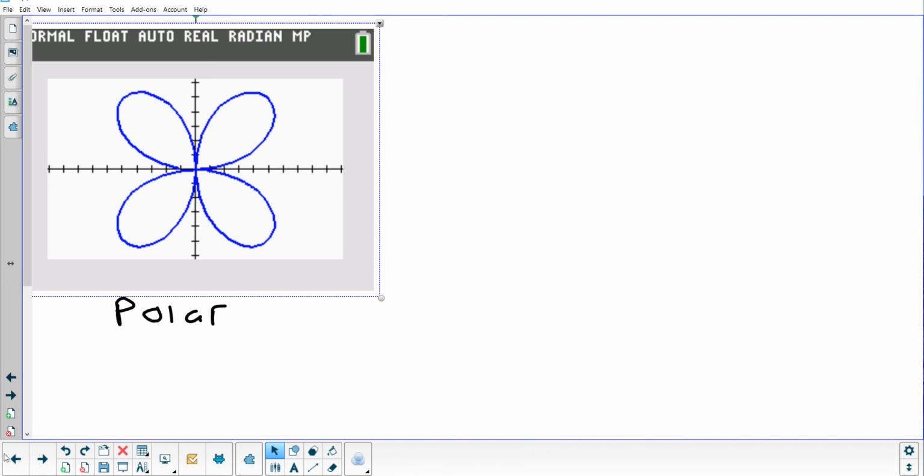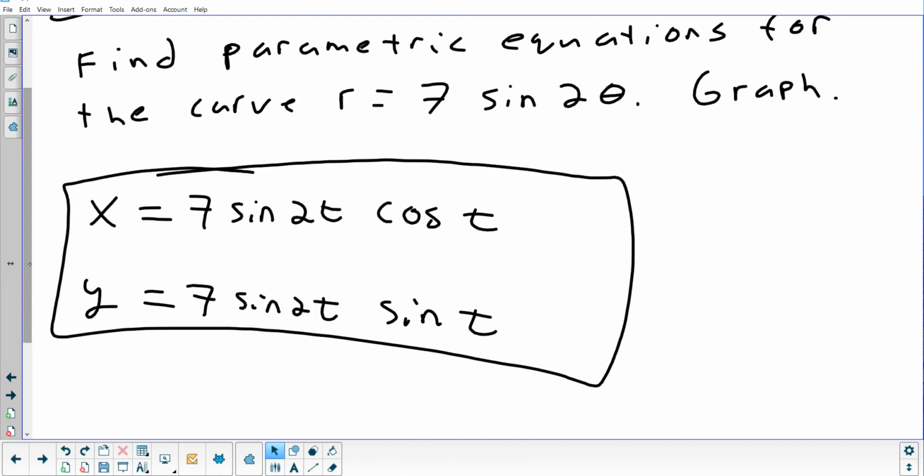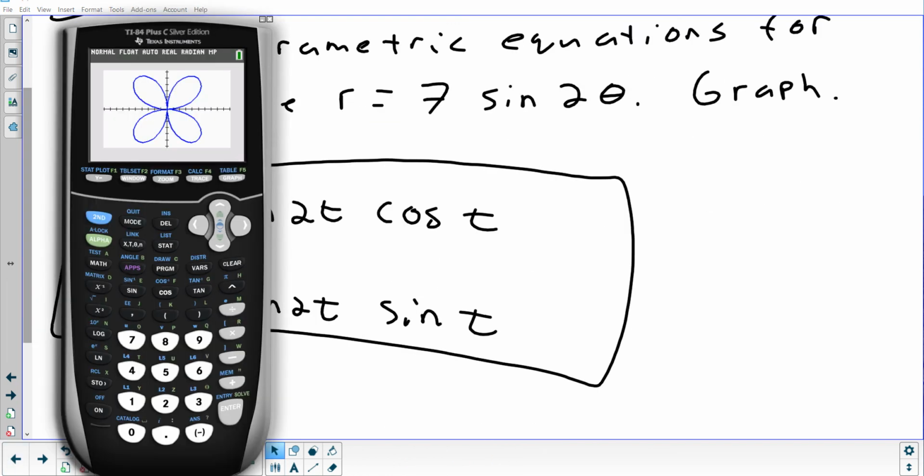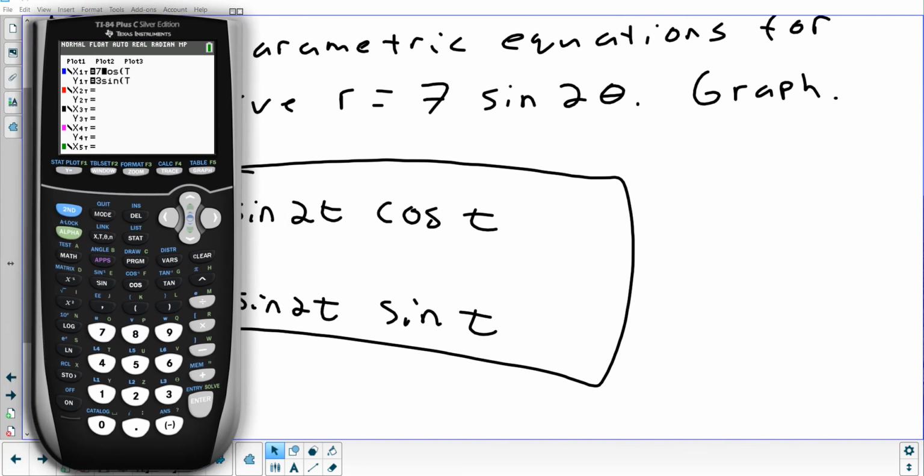Let's switch over to parametric, type that in, and see if we get the same sketch. So go to mode, put it in parametric, and you're going to do your radius times cosine, and then you're going to do your radius times sine.